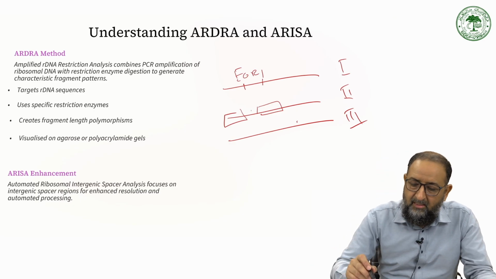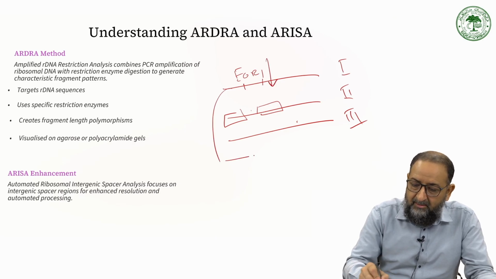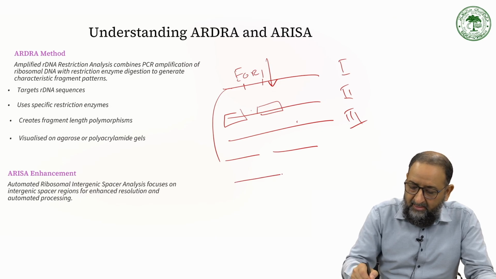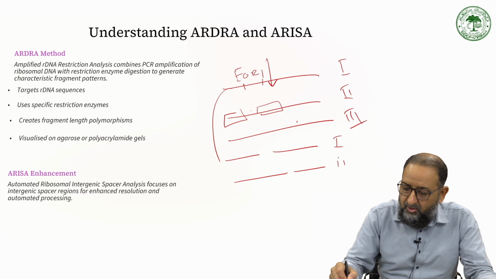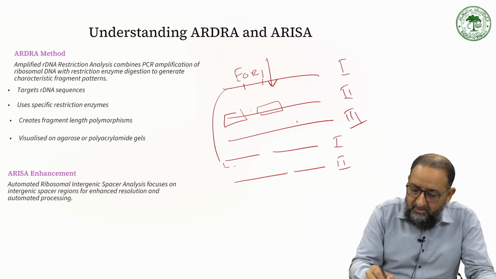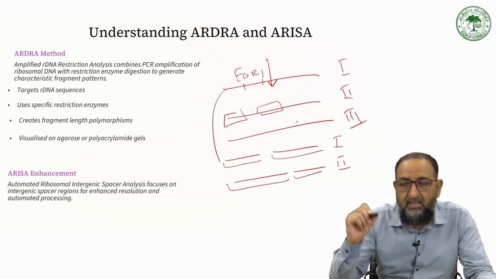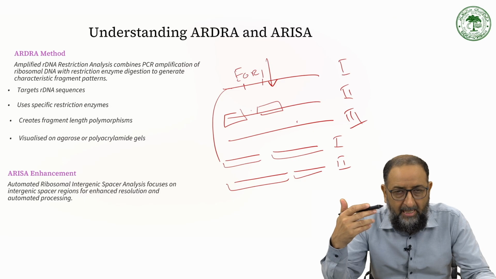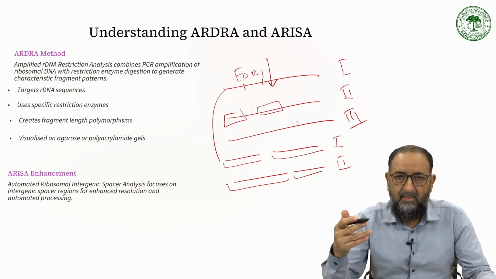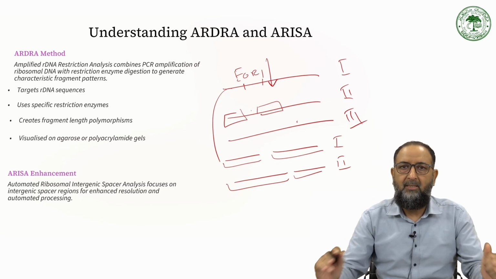In both cases, it will cut like this and this, and if it shifts from here to here, then it can cut like this. So see the difference. This is 1, this is 2, this is the size of the fragment. See this side of the fragment, this and this. So the variation in the size of the fragment, due to the change in the mutation identifying a specific restriction site, gives you different sizes and so different patterns of banding.